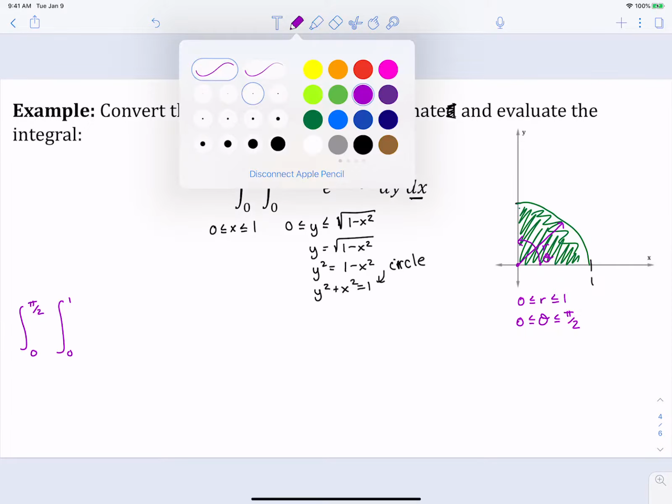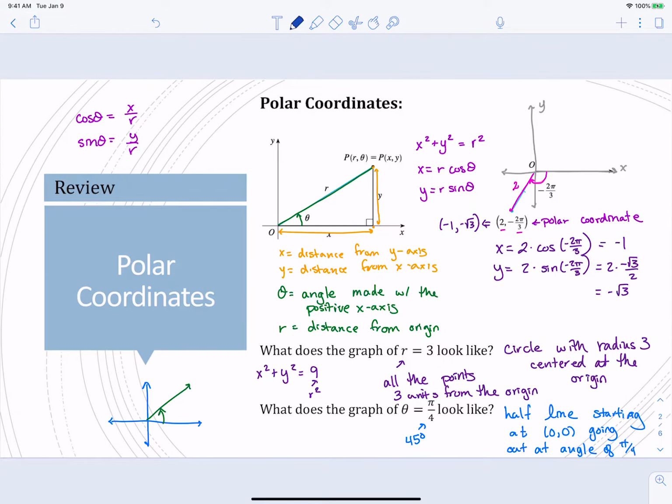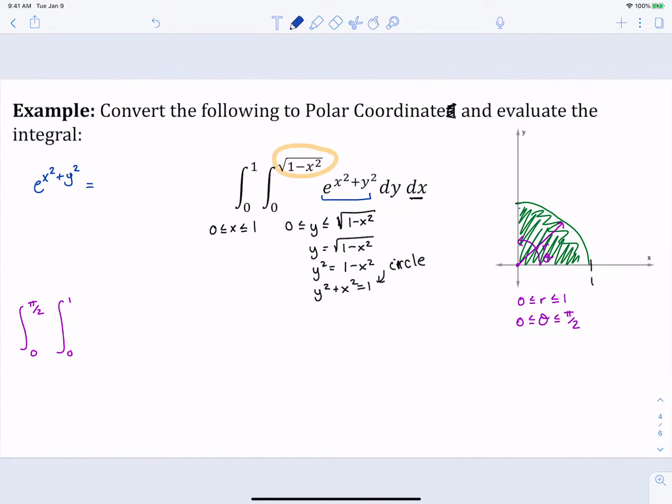So we also need to take our function here, our e to the x squared plus y squared, and we need to change that into polar coordinates. Well, one of the things that's true, if we go back here, is that x squared plus y squared is equal to r squared. So anytime we have x squared plus y squared, we can replace that with r squared. So this is e to the r squared.